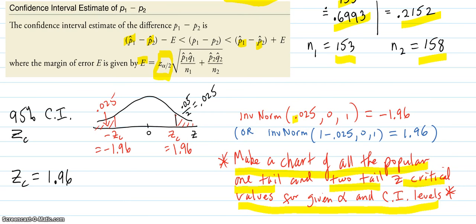And if you put in here, this is the area below your z, and so that's going to give you this tail here, which gives you a negative 1.96, and then you realize by symmetry that the one over here is 1.96.